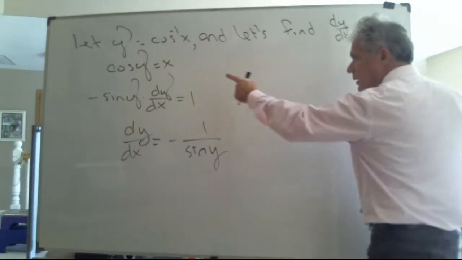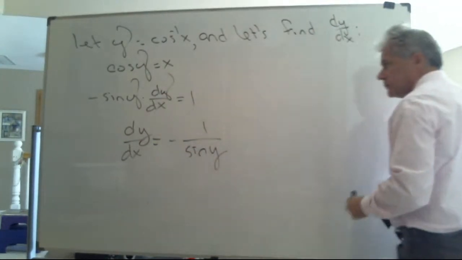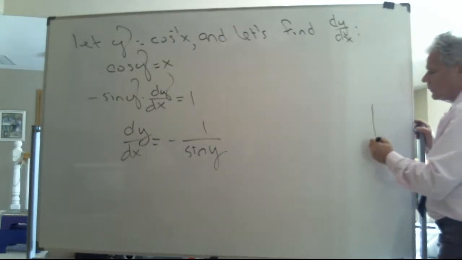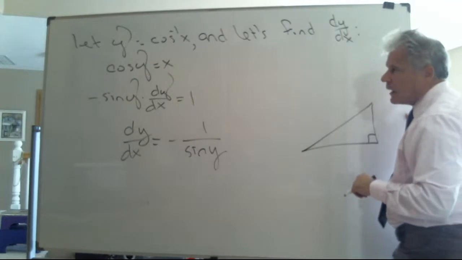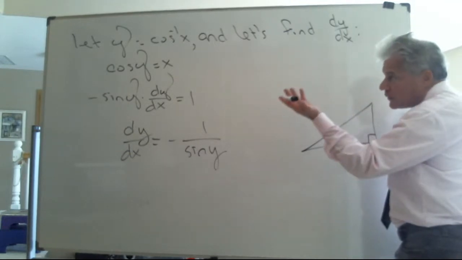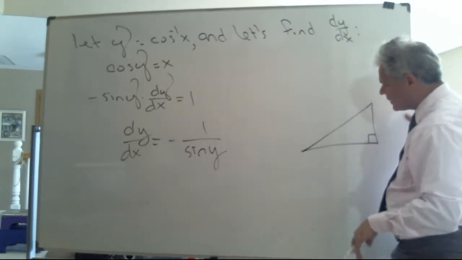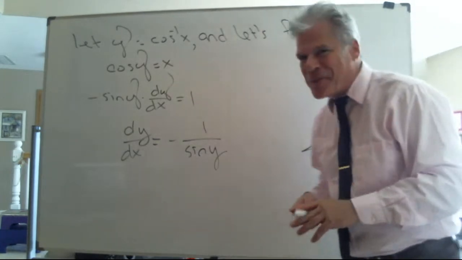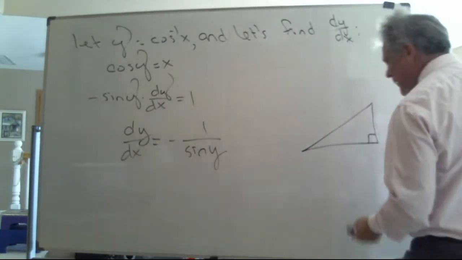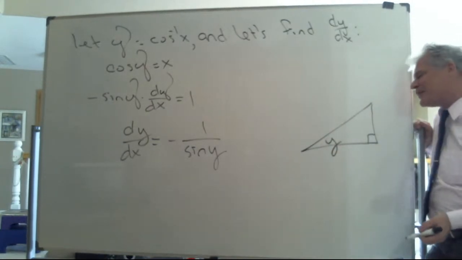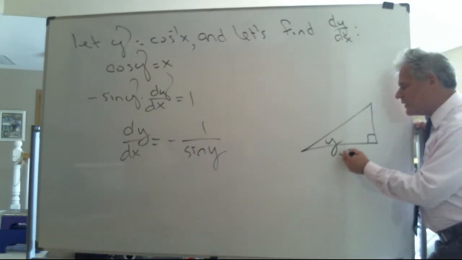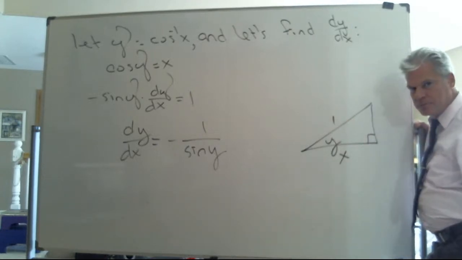But if you take a peek at what this relationship says, if I were to embed y as an acute angle in a right triangle, to say that its cosine is x simply means the ratio of the adjacent side to the hypotenuse is x to 1.